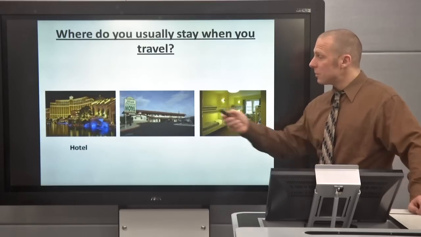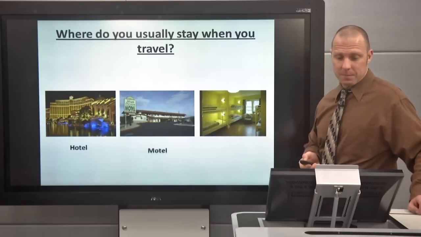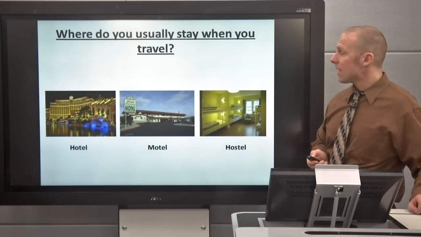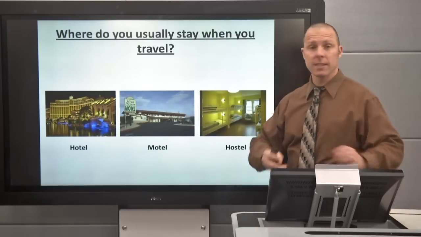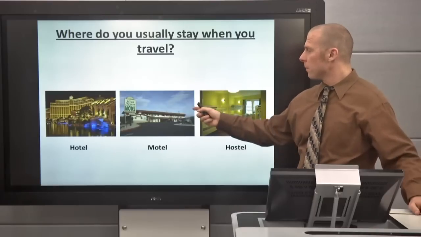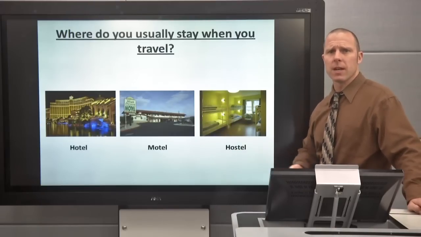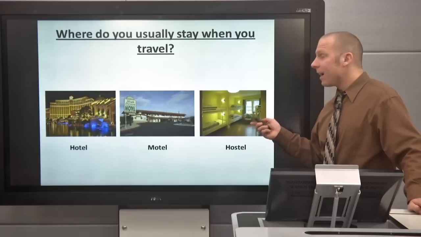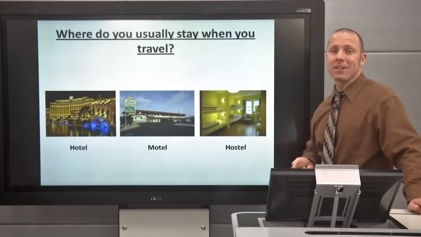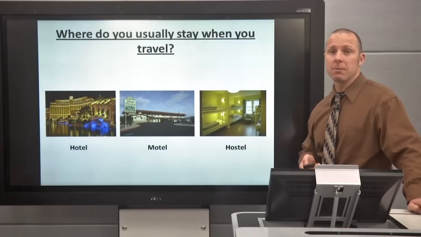There are many places we can stay, like a hotel, a motel, or a hostel. Of course, we see a hotel is much bigger. A motel is usually much smaller, and you just get a room, one small room. And a hostel is very, very cheap. You usually share one room with many other people who you usually don't know.